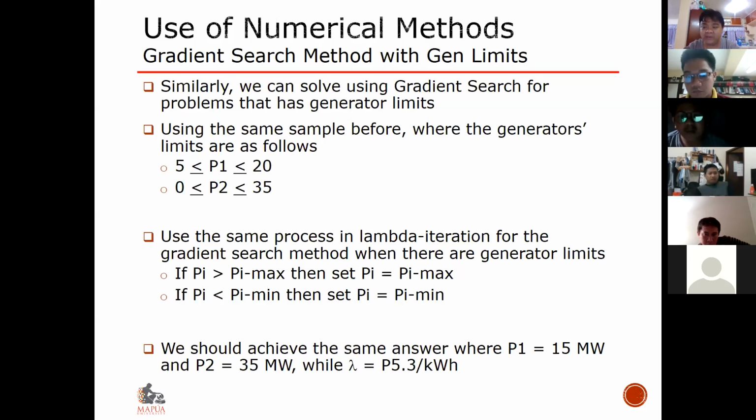Alam nyo guys, kung may time kayo di ba yung sa exam nyo, sabi ko, use lambda, use gradient search. But if you actually solve everything, if you have time, you can resolve kunwari yung lambda using gradient para sure ka, if I achieve the same solution for lambda and gradient, sabihin nung tama na ako. Okay?